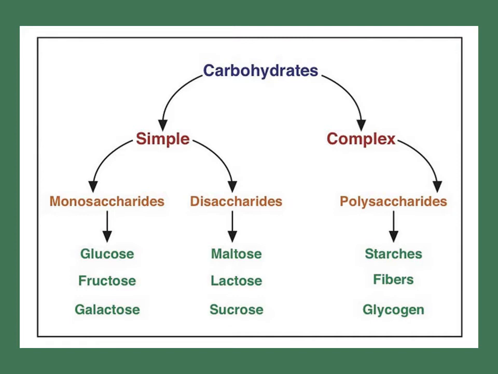Now there's some carbohydrates that we can't break down because we don't have the enzymes to break them down. So, for example, animals such as cows or horses can derive sugar from eating grass. We don't have the enzymes to break down grass. So we don't have the enzymes to break down certain fibers, so we can't use them as energy.